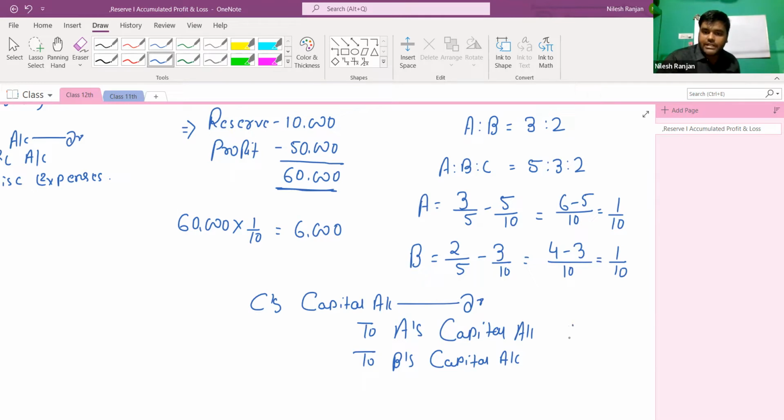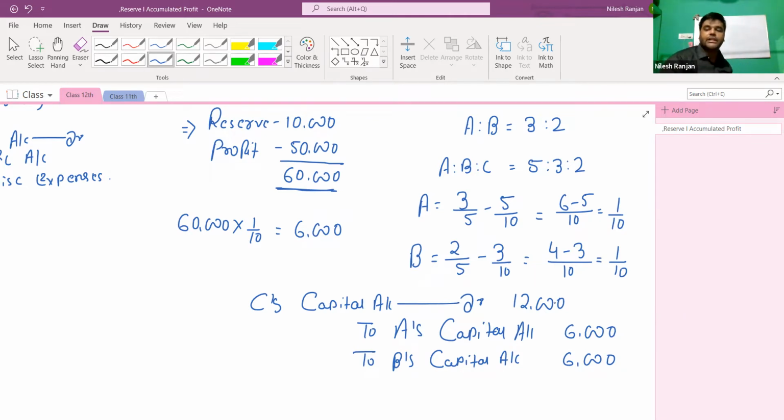So A will get 6,000 and B will get 6,000. I was thinking that C is the gaining partner, so why are we crediting C? That's when I found the mistake. Actually, you see, the capital account will be debited. That's why their capital will be deducted by 12,000.